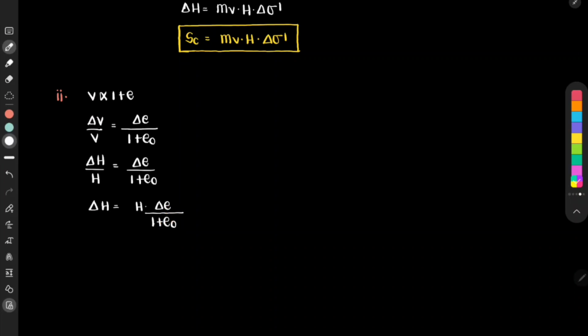From the compression index, Cc is equal to delta E by log sigma f dash by sigma naught dash. So we can write delta E as Cc times log sigma f dash by sigma naught dash.